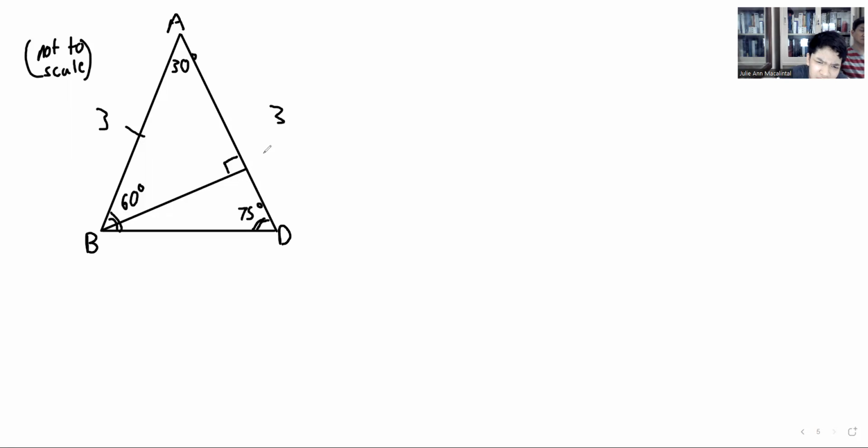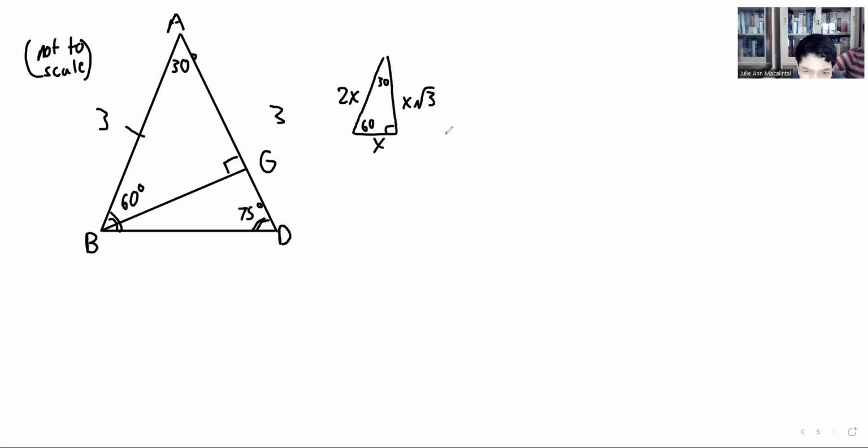So let's call this side G. Again in a 30, 60, 90 triangle, the sides are x, 2x, and x root 3.